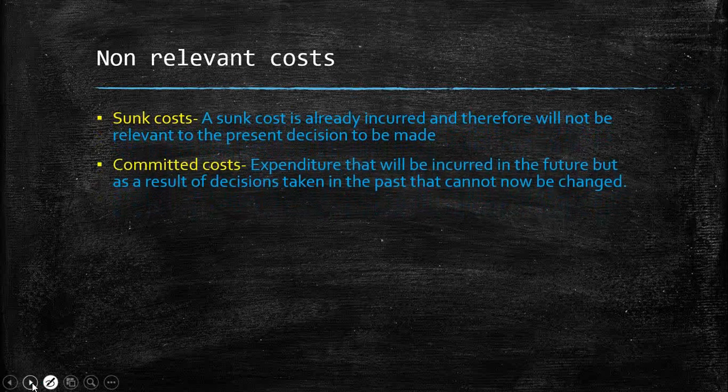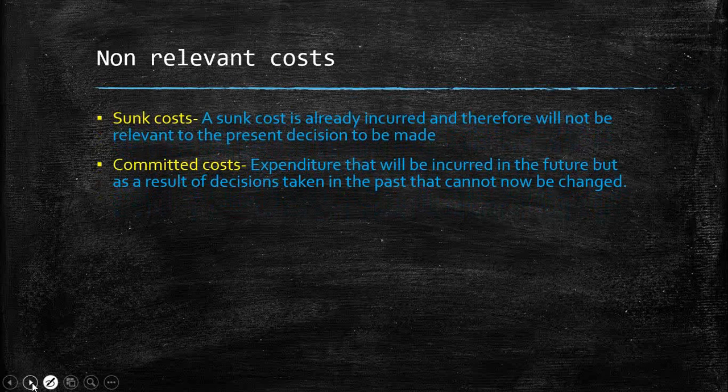Already committed cost. Right? Already I have promised you, Sam, if you do sales, I will pay you $5,000. It's a committed cost. Whether you do sales or not, it doesn't matter. I have committed your $5,000 salary, and therefore it's not relevant.